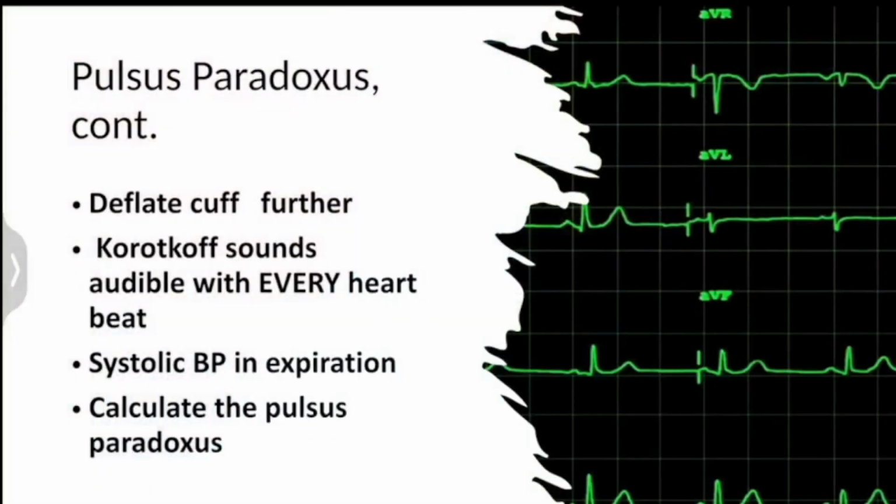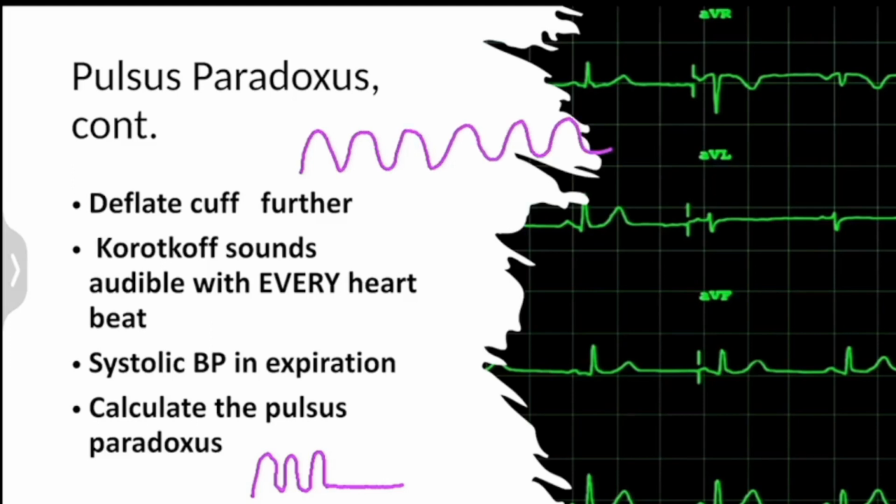Now again you deflate the BP cuff. With further deflation, Korotkoff sounds will be heard in all the heartbeats, that is, during inspiration and expiration. So initially you will be hearing sounds only in expiration. Then you are not hearing, and then on further deflation the Korotkoff sounds are heard in all the phases, continuously.